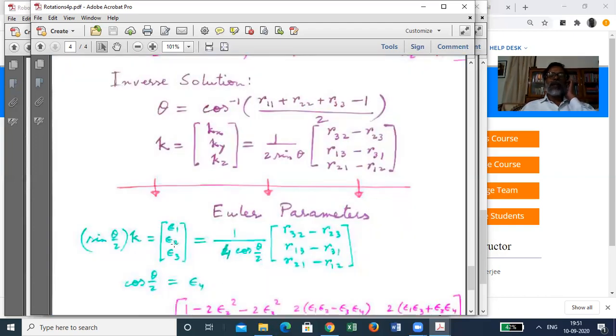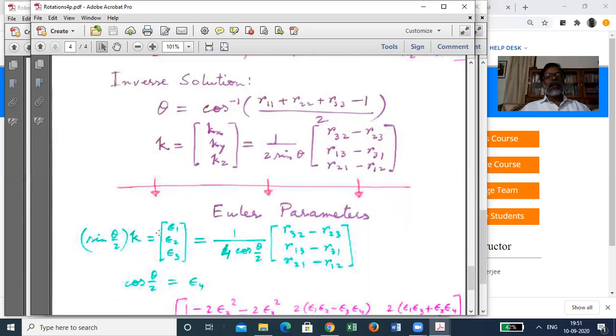Epsilon 1 square plus epsilon 2 square plus epsilon 3 square plus epsilon 4 square will be 1, because epsilon 4 square is cos square theta by 2, and these three together will be kx square sin square theta by 2, ky square sin square theta by 2, kz square sin square theta by 2. Together, kx square plus ky square plus kz square will be 1.